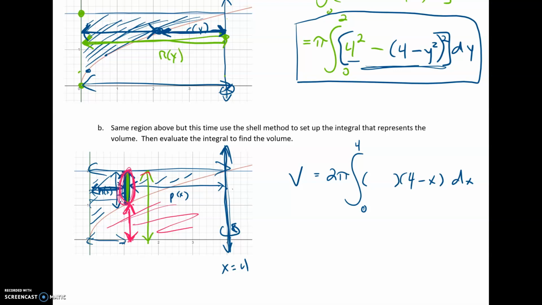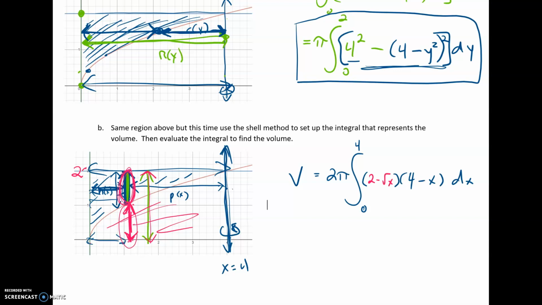So it would be the whole distance, which is, I'm sorry, I said 4, I meant 2. That's y value 2. This distance minus this pink distance, which would be 2, the whole distance, minus your function value root x. 2 minus root x.